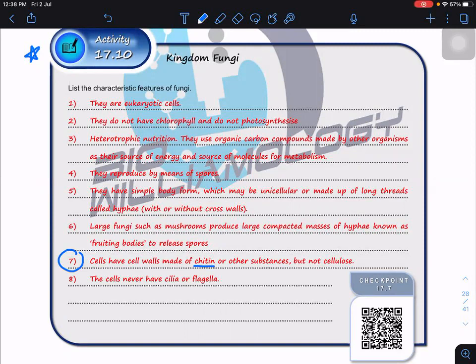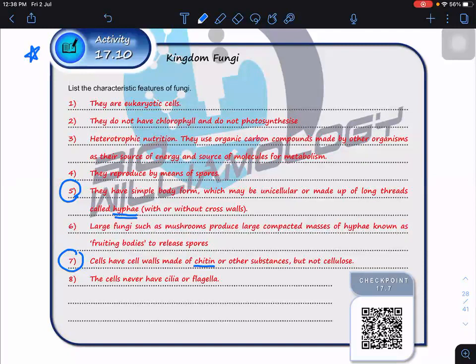Okay, second, they form hyphae. They form hyphae and they do have the haustoria. So these two are the specific features for kingdom fungi.